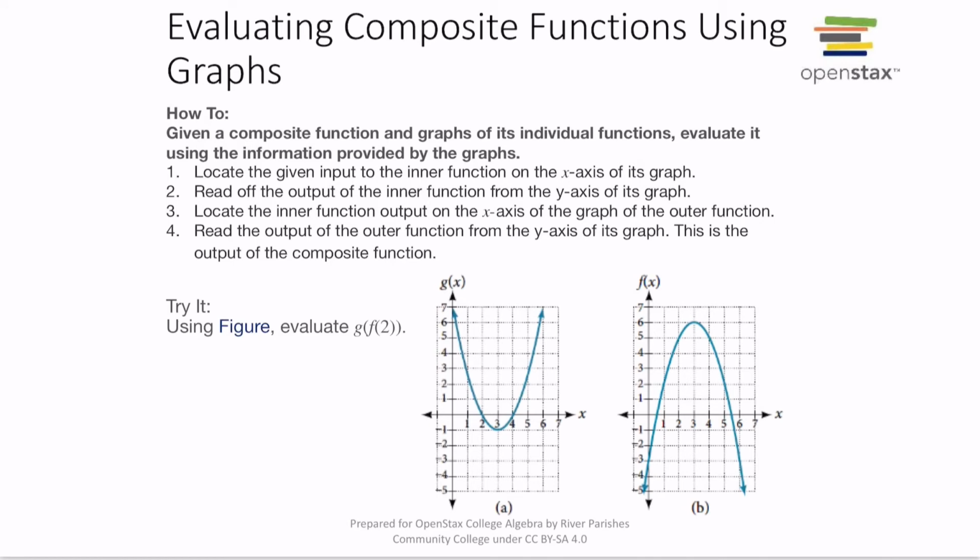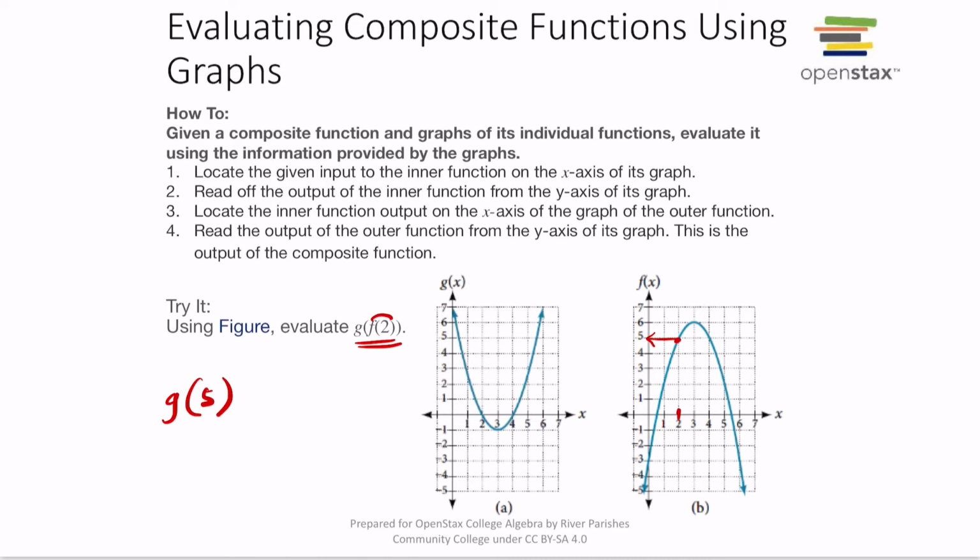Next one is to find using a graph. So how would you evaluate from the graph this value g of f of 2? First we find f of 2. In the function f of x, for x equal to 2, calculate the value for y. So f of x, that value becomes 5. So g of 5. Now what do we do here?